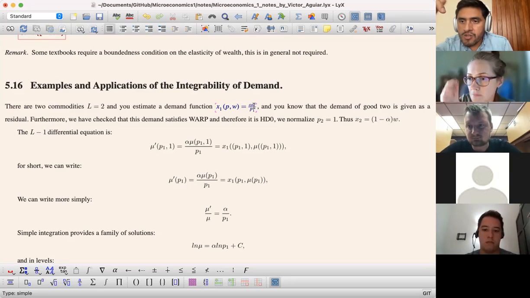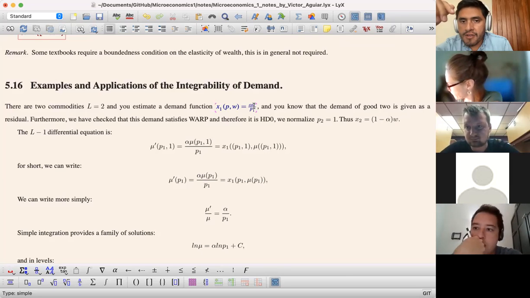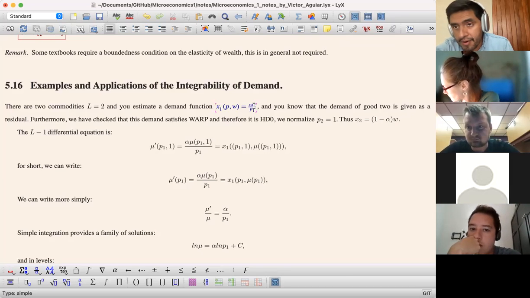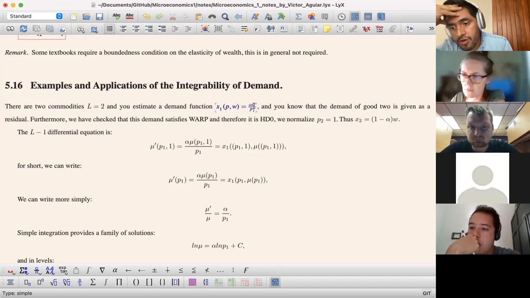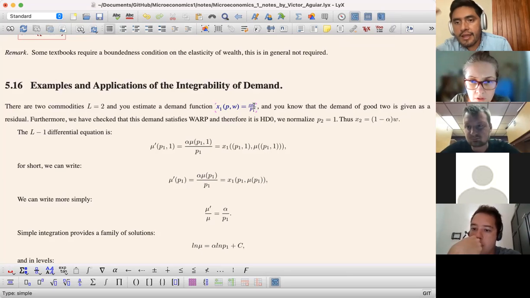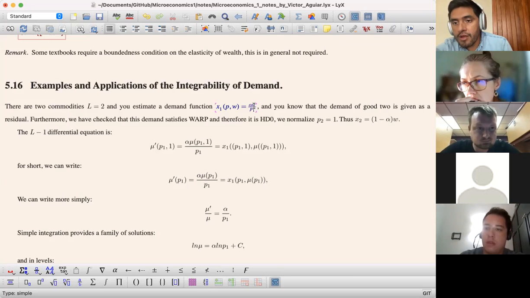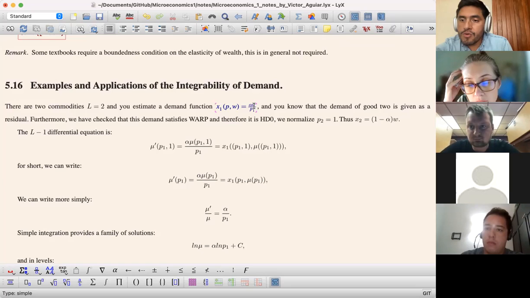After you compute the Slutsky matrix and verify the properties, now you can fix the price of 2, or any price in fact, to 1. Why can you do this? Because of the homogeneity of degree 0. Namely, you're taking all your variables and dividing by price of 2. So the price of 1 becomes price of 1 divided by P2, price of 2 becomes 1, and the income also is divided by P2. So everything is measured in terms of income.